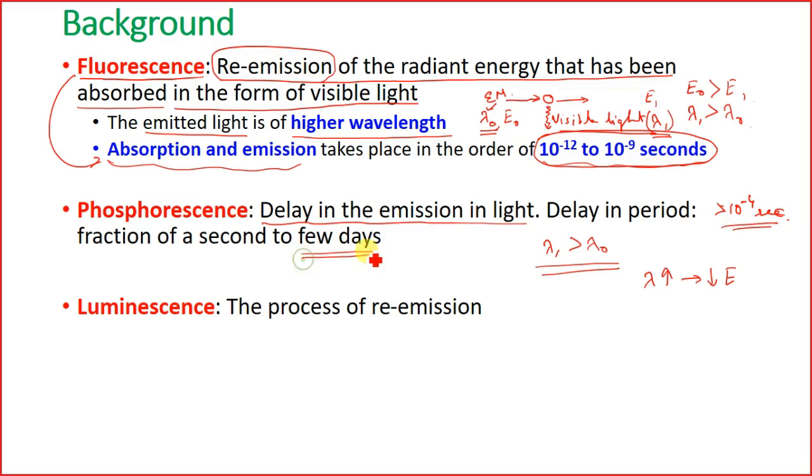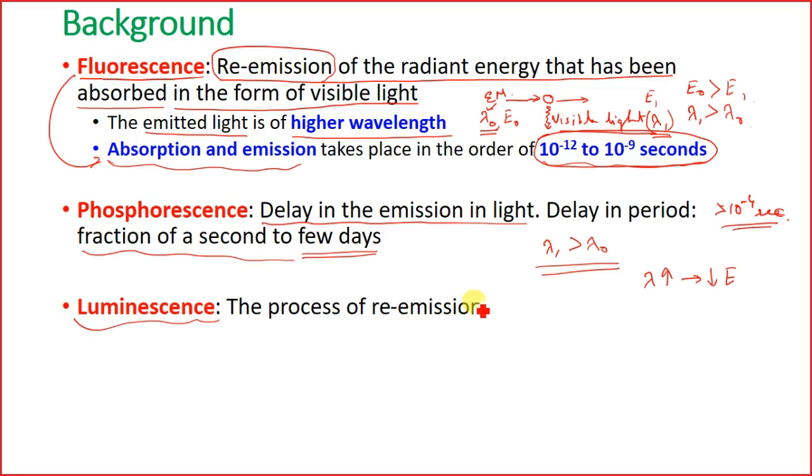Okay, so if you are excited today, then you may see the process of phosphorescence even after a few days. Okay, so the delay in period is basically within a fraction of a second to a few days.